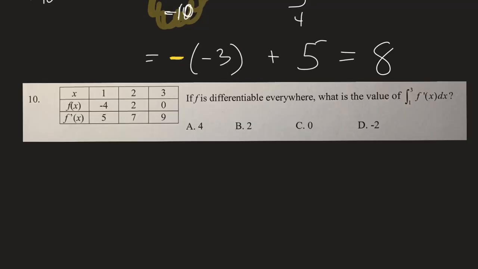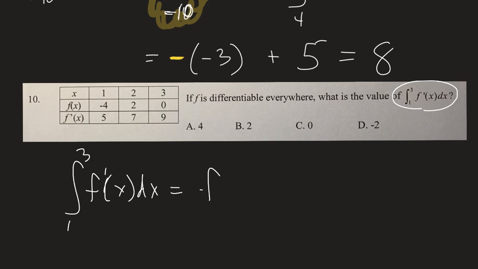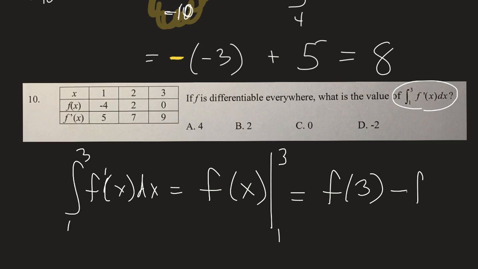We're given a chart of tables and want to find the value from 1 to 3 of f prime. So remember, when we're taking the antiderivative of a derivative, the answer is just the function itself. So f of x, and we're going to evaluate that from 1 to 3. So that's f of 3 minus f of 1.